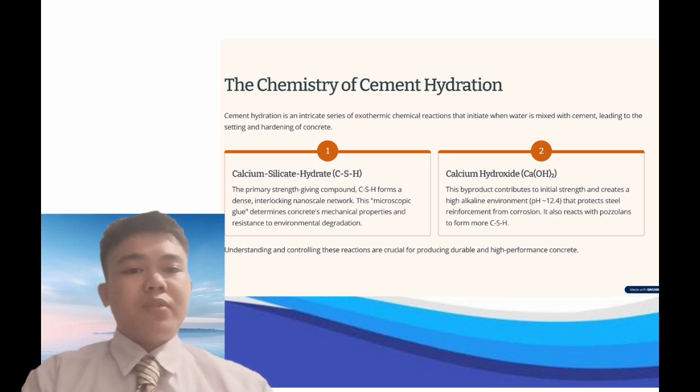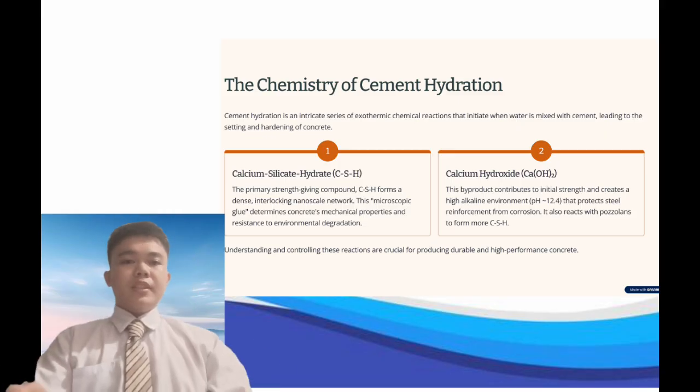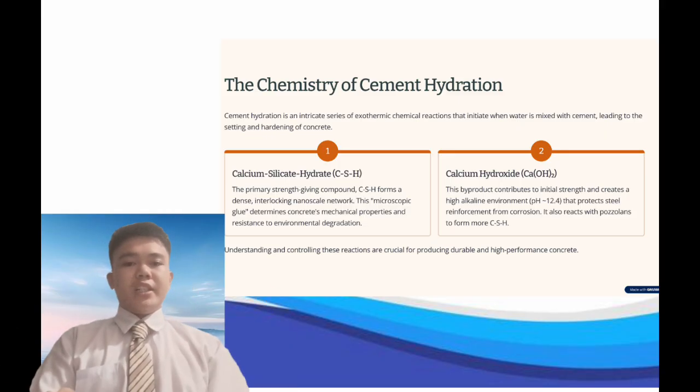The main products of this reaction are calcium silicate hydrate, or CSH gel, which provides strength, and calcium hydroxide crystals.